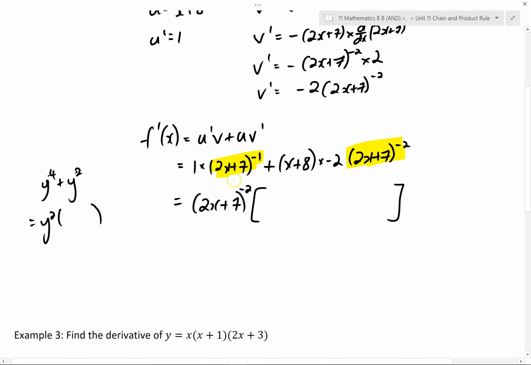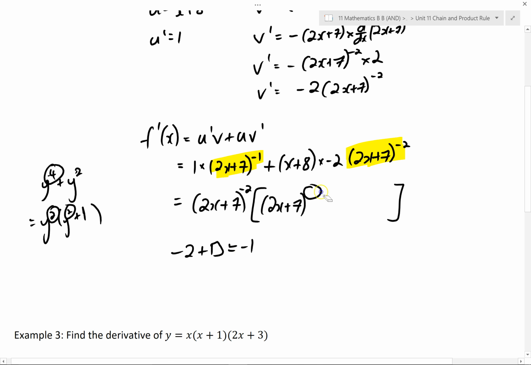The tricky part is thinking about what I'm going to write as my power here. In these examples, I need to make sure that the two powers add to what I had originally. So the power I'm going to put here is such that minus 2 plus something gives me minus 1.